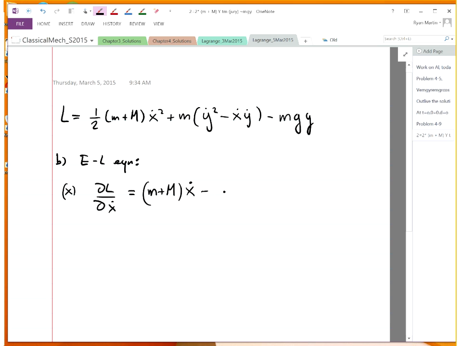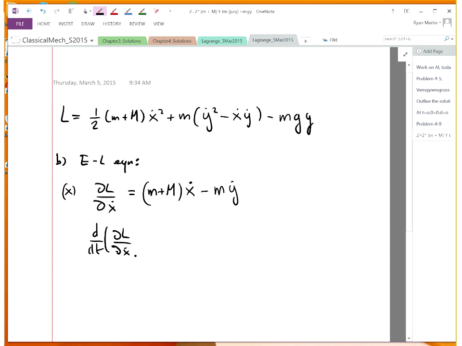Then we have the cross term, minus m x dot y dot, so we have minus m y dot when we take the derivative with respect to x dot. What we need is d by dt of that.